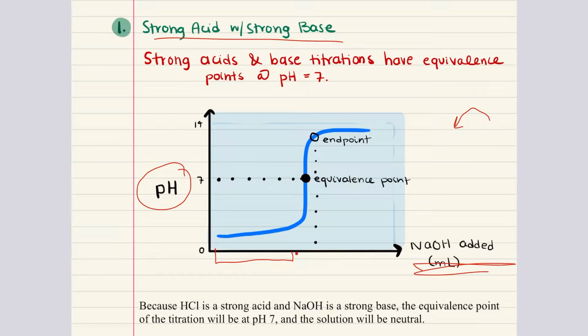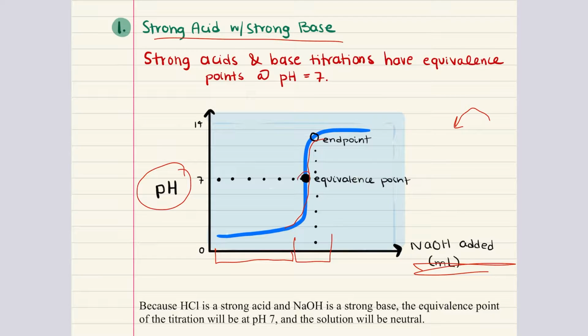Then, near the equivalence point, the concentration of hydrogen ions decreases significantly, leading to a more substantial increase in pH with each addition of sodium hydroxide. This is where the pH curve becomes steep, indicating a rapid change in pH.